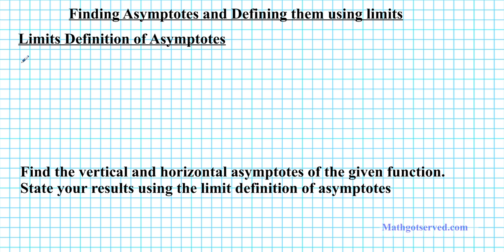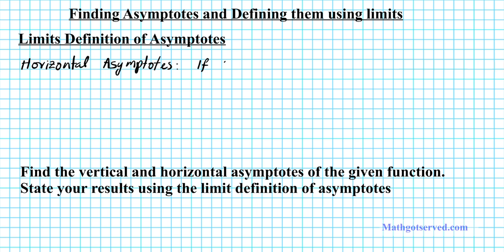We start with the horizontal asymptote. The limit definition for the horizontal asymptote is as follows.